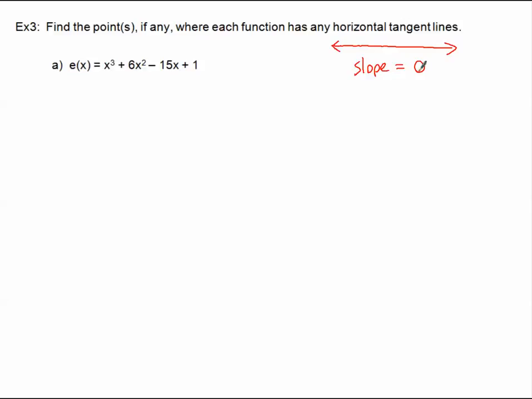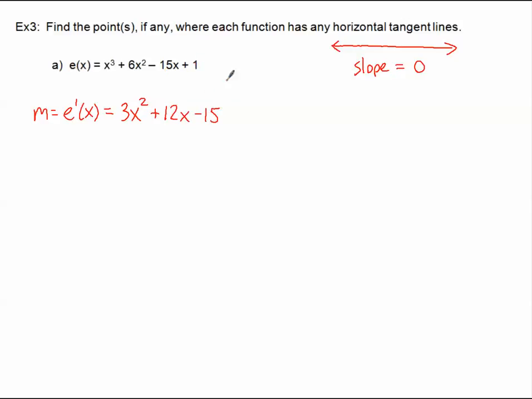Well, let's first talk about the expression for slope for this function, and that is finding e prime of x, the first derivative. I'm given e of x. It's pretty simple to find e prime of x, at least with our power rule. So our first term turns into 3x squared, our second term turns into 12x, and our third term turns into negative 15.